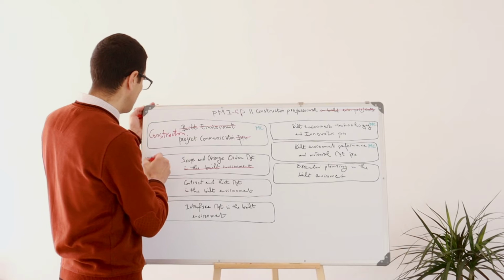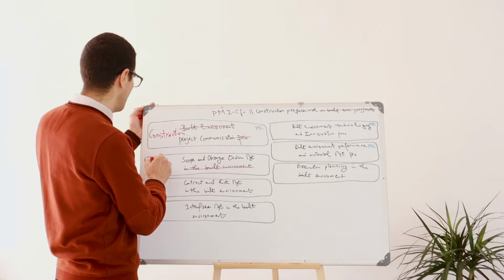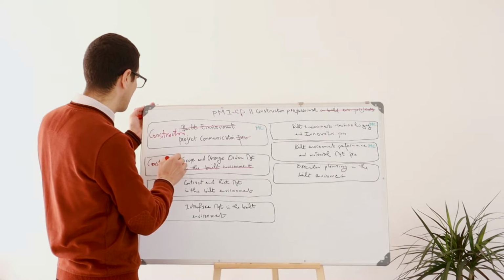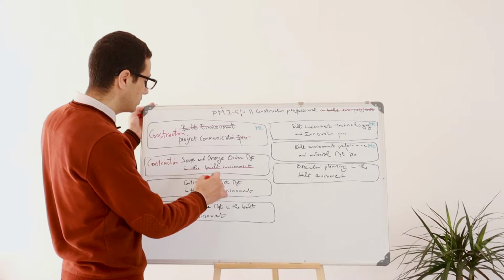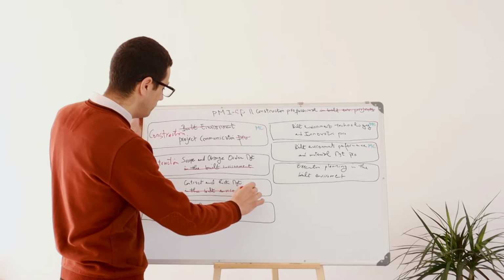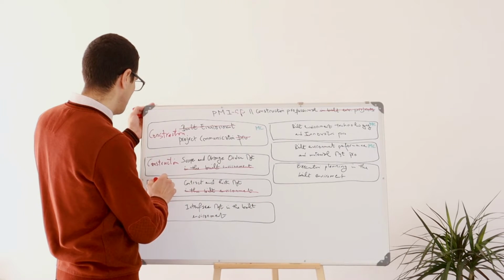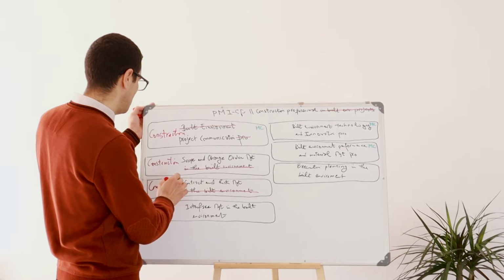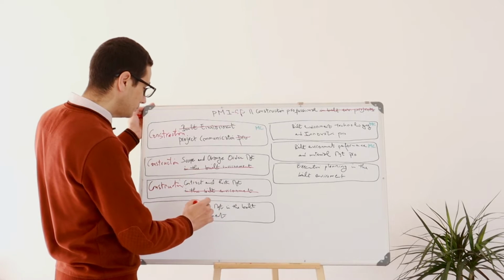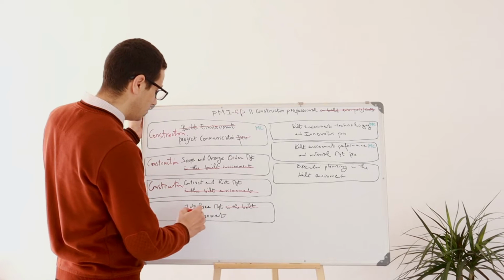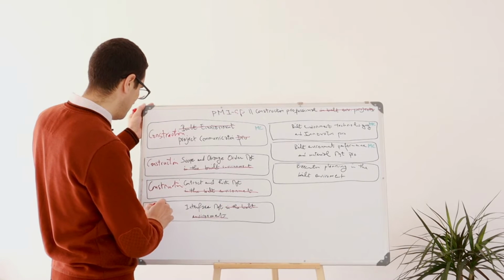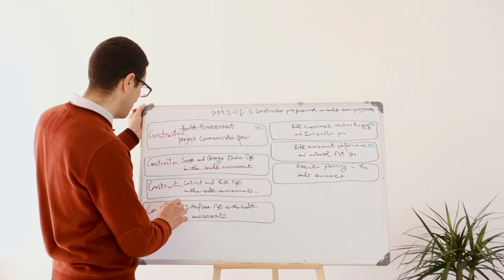They dropped this and it becomes Construction Scope and Change Order Management. Same here, Contract and Risk Management in the Built Environment. It becomes Construction. And here, Interface Management in the Built Environment. They also dropped this and it becomes Construction.